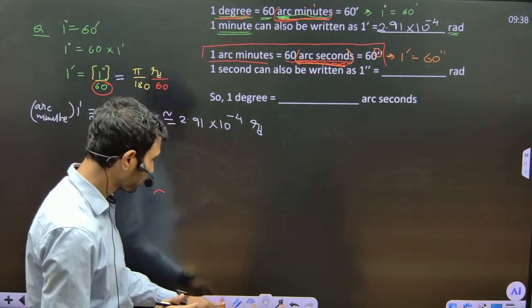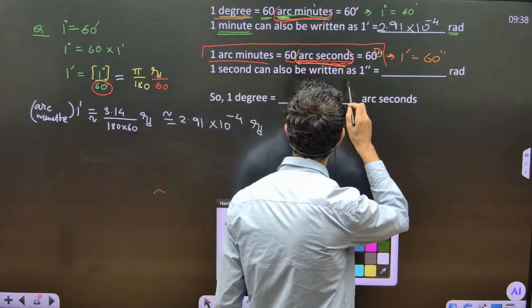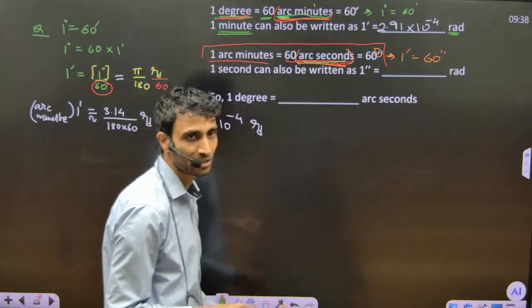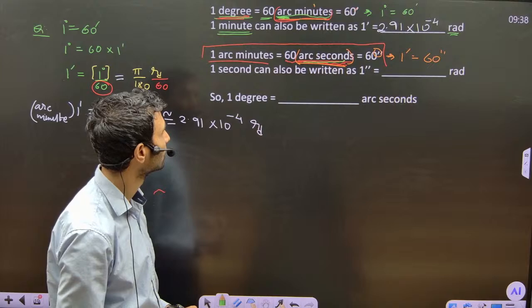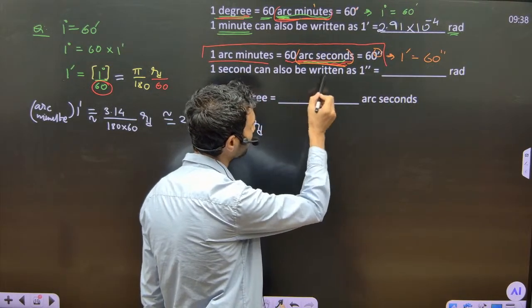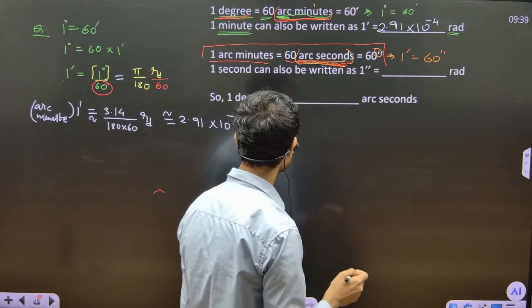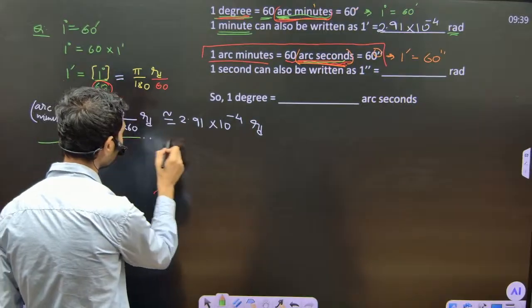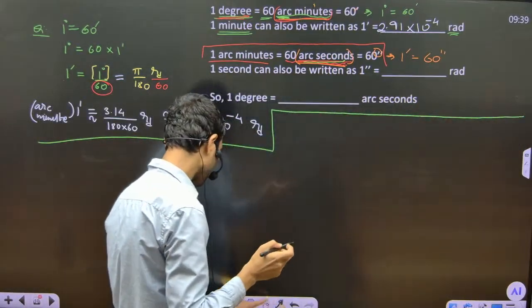Okay, so now see, we have a new unit at our disposal. Which unit is that? It is arc second. This quantity is a new quantity, arc second. So 1 arc second can be written as how many radians? We have to find out, right? So that's the new task we have at hand. What was the task, kids, before this?